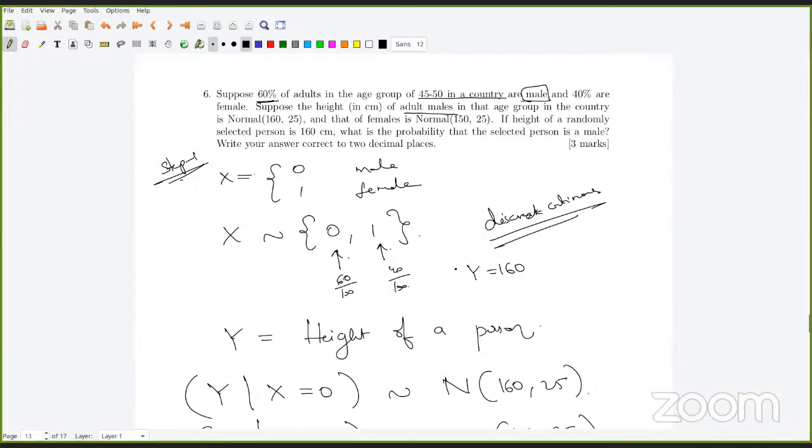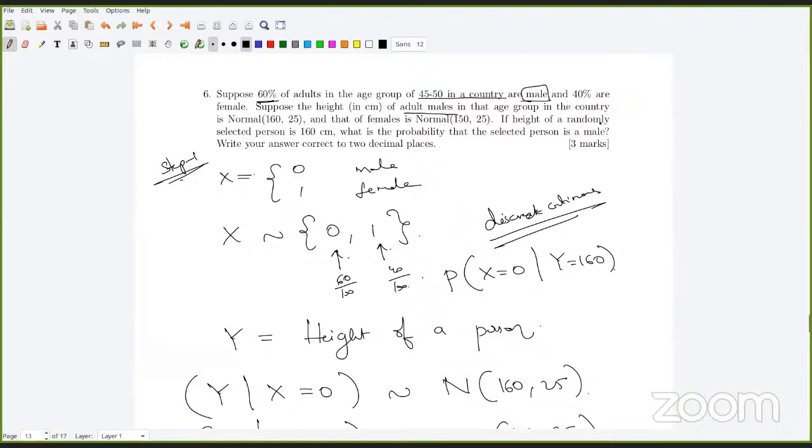What is the probability that the selected person is a male? So that means Y conditioned on X equals 1, and the probability that X is actually 0 given that Y is 160. So you just have to convert these statements into statistical terms.